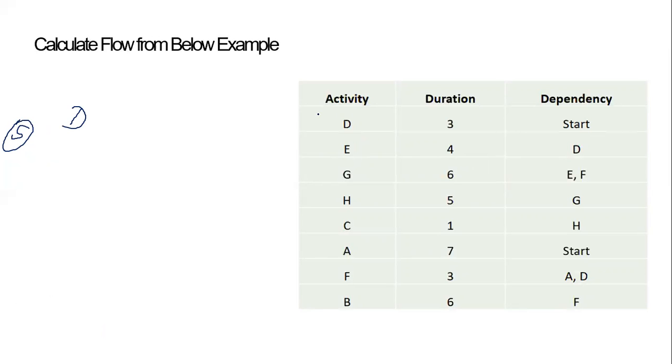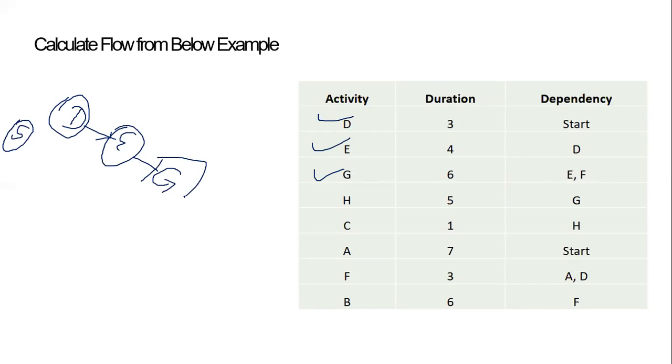Then there is E, which is depending on D, so let's draw E further. Then there is G, which is depending on E and F. F is not there yet, so we can hold on to that for a second and come back to it.